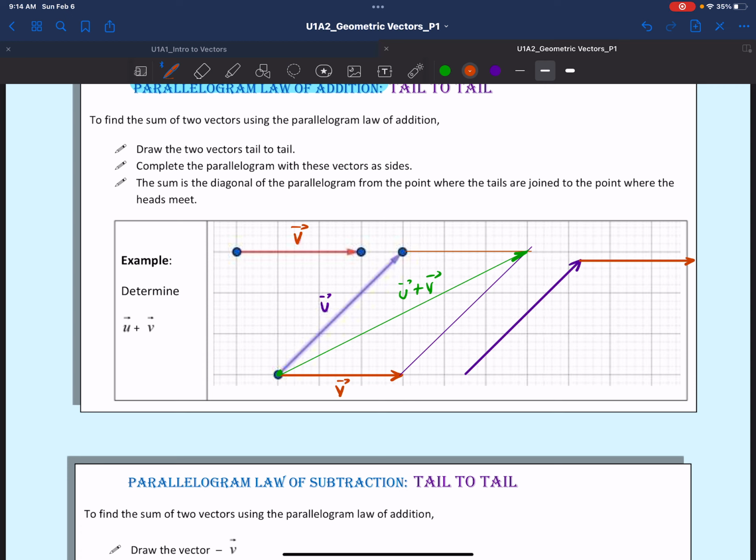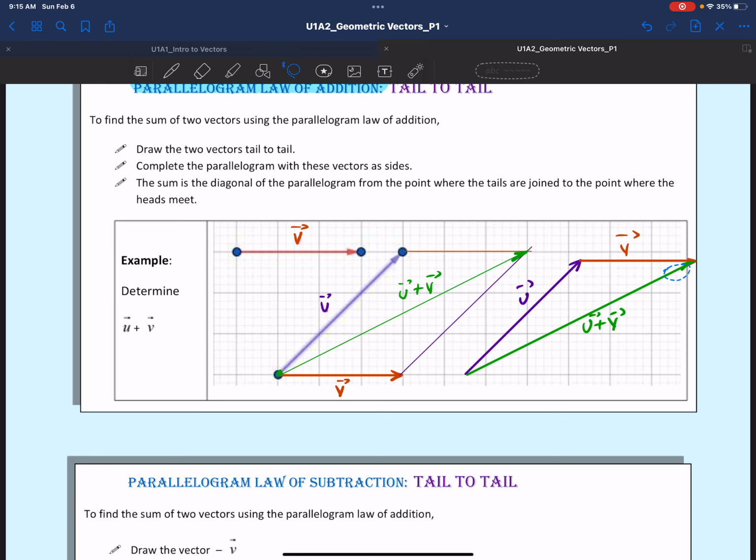And now I will connect the tail of u with the head of v. And I want us to compare the sums u plus v found using two different methods. As you can see, the two methods both produce the same vector. So if we want to prove it, why don't we grab this vector, bring it here to see if they are exactly the same, and they are.